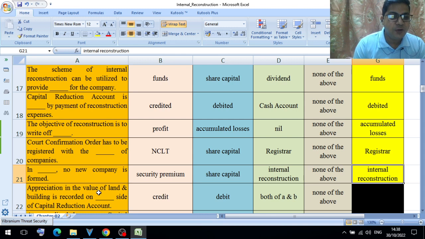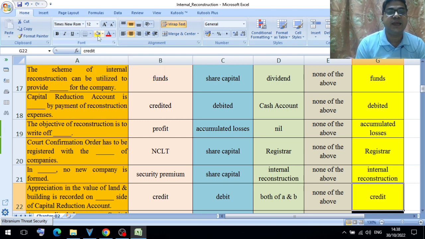Appreciation in the value of land and building is recorded on dash side of the company capital reduction account. Option A, credit side. Option B, debit side. Option C, both A and B. Option D, none of the above. Here it is always credit side.